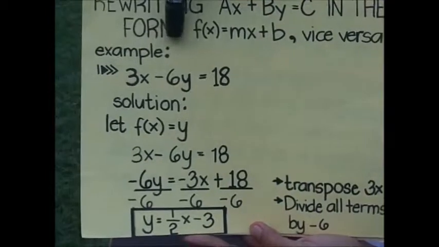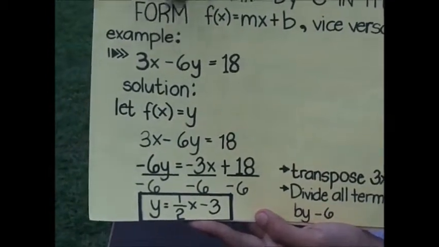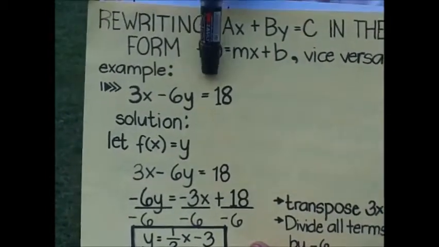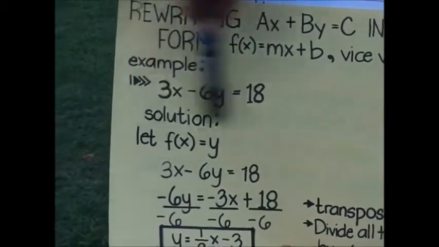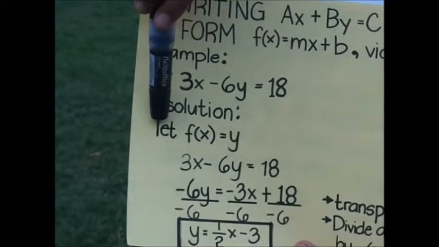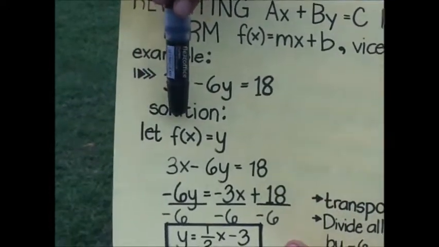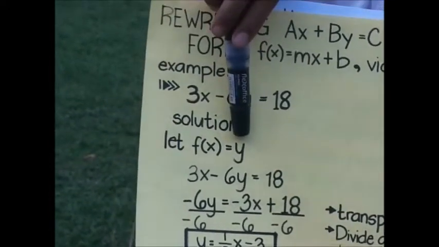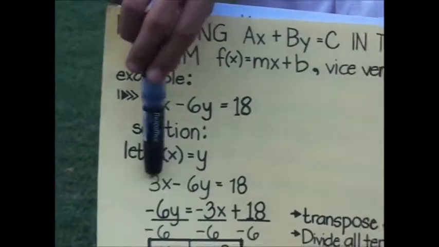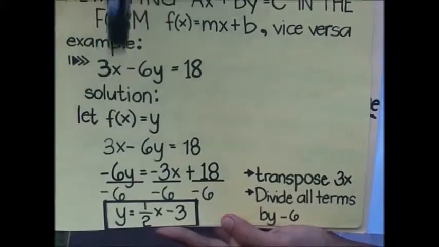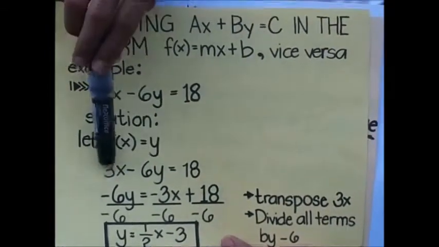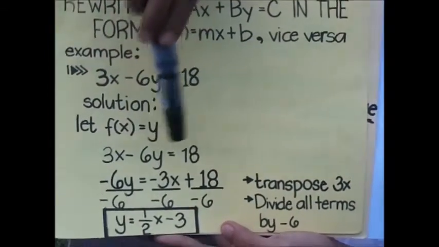So, example, 3x minus 6y is equal to 18. To solve this, first, we must let f of x be equal to y. Then substitute this to the given function. So, 3x minus 6y is equal to 18.